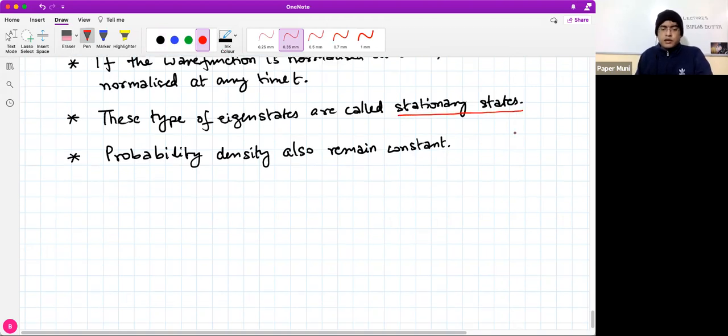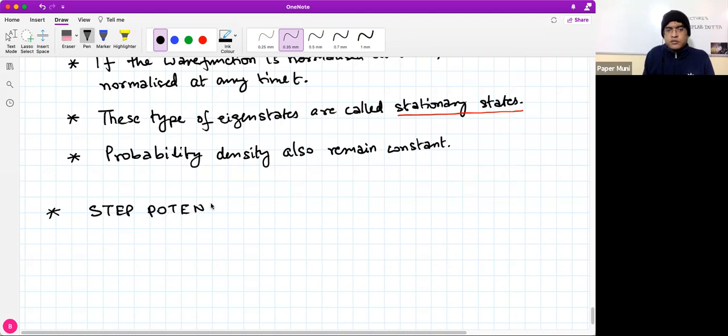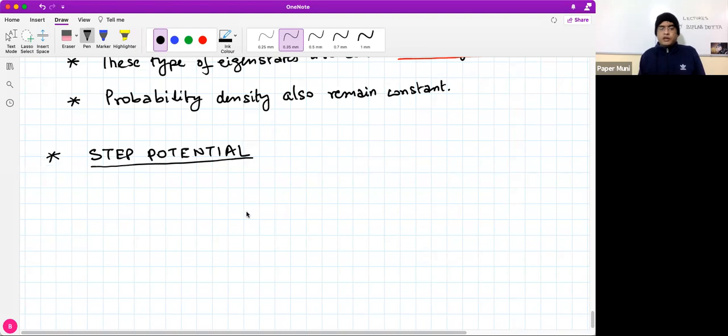Now let's go for a new topic, which is step potential. This is one of the simplest barriers you can have.